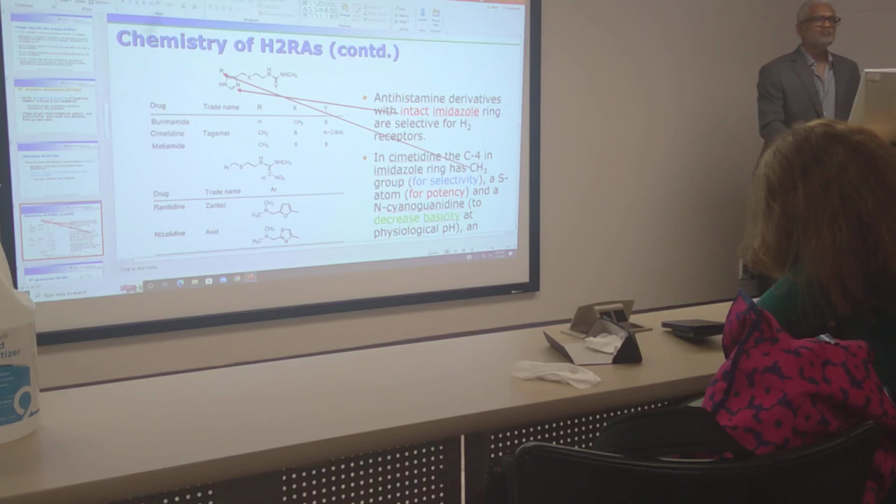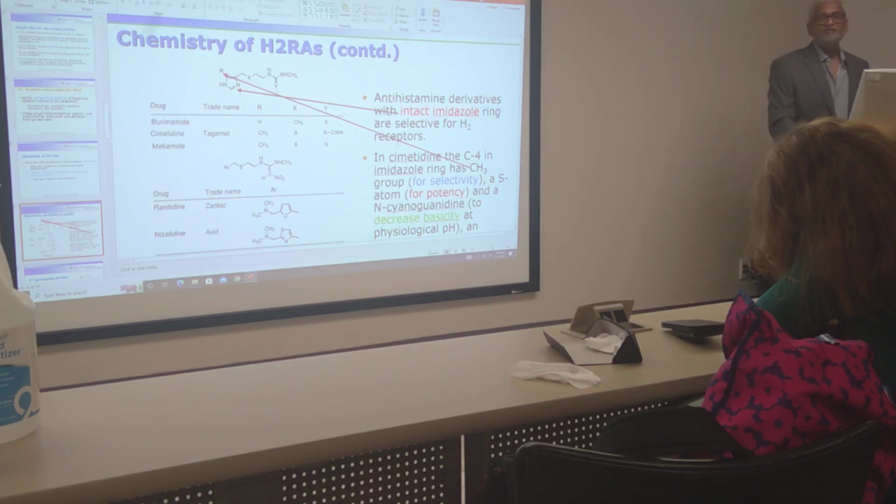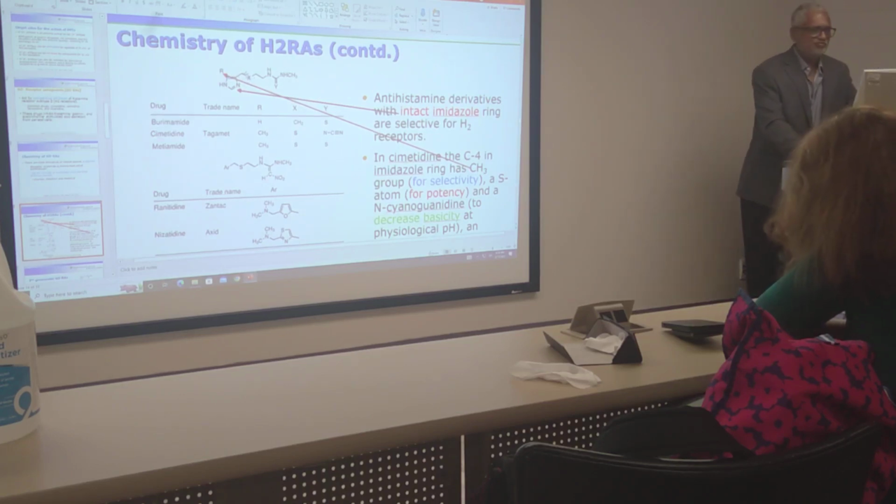Therefore, cimetidine is more selective than burimamide because there is a methyl group in the R position. And there is an S atom. If you add an S atom here, as in the case of cimetidine, that will make it potent. So potency and selectivity are increased in cimetidine because of the modifications at R and X with the methyl group and the sulfur group respectively.